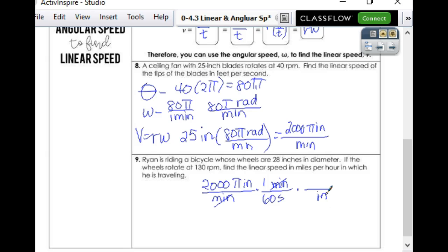And we're going to feet. So I have 12 inches in a foot. So the inches cancel, and now I have feet per second, which is what it's asking for. And if you multiply, you end up with 25 pi over 9, or 8.727 feet per second.